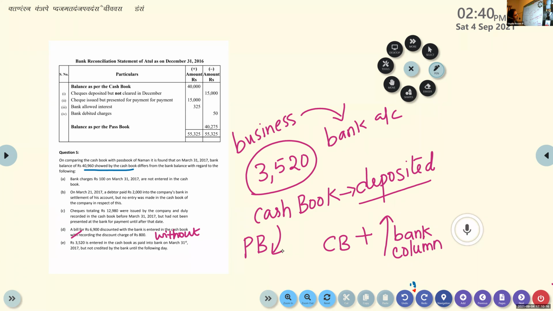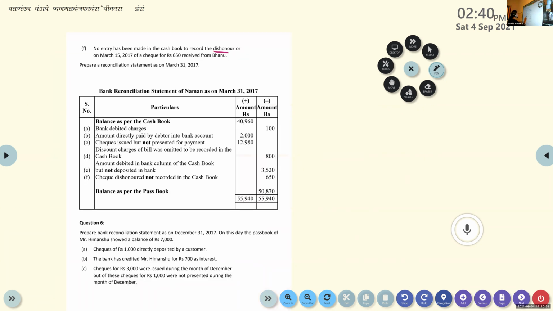Due to some reason, the bank did not credit the money in the account. So the passbook shows a lower balance, and in the cash book, the bank column shows that it is deposited in the bank account. So what to do? Passbook is low. So bring the cash book down. So for that, reduce 3,520 from the cash book.